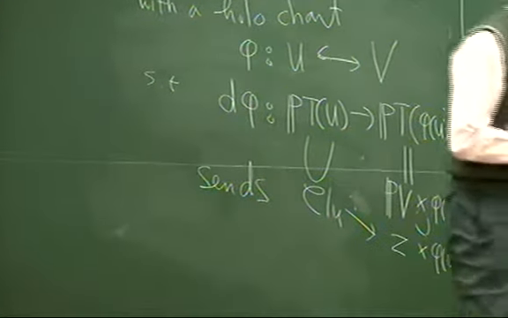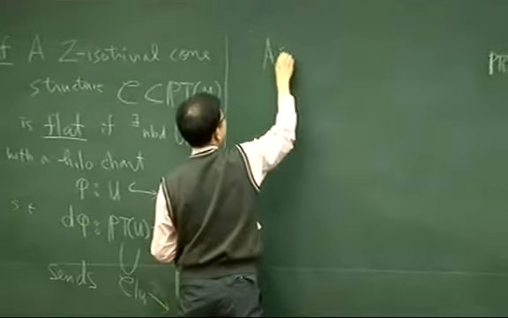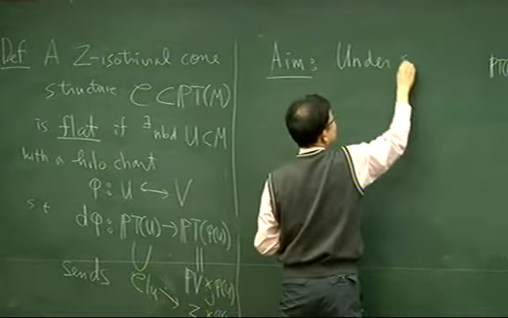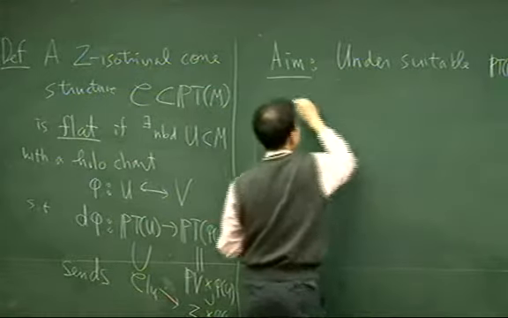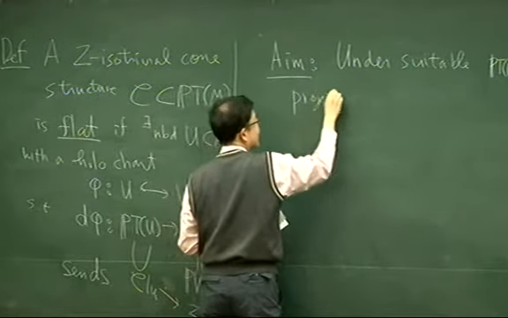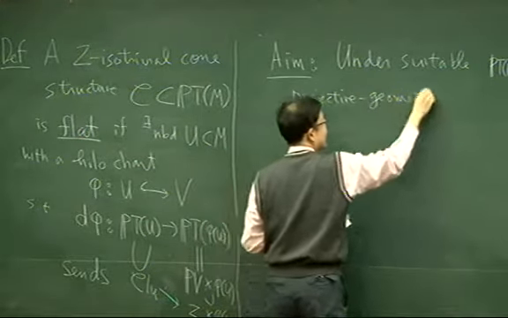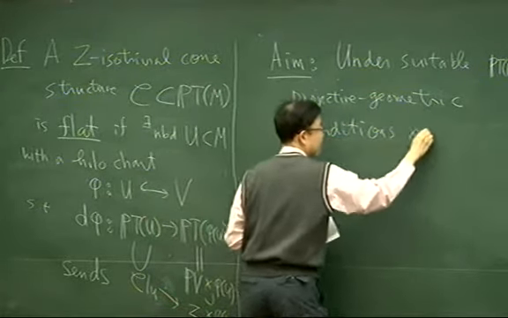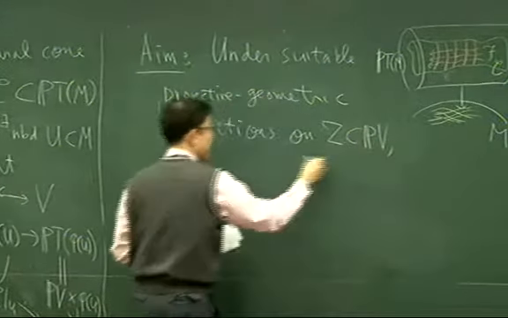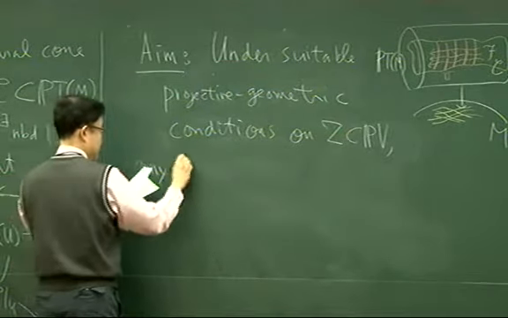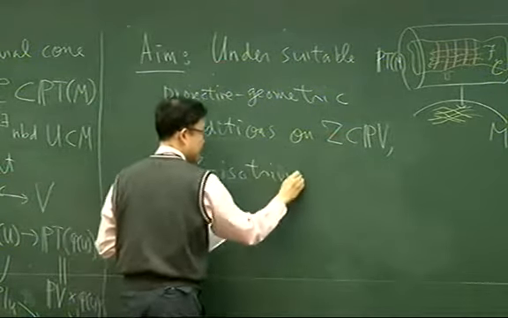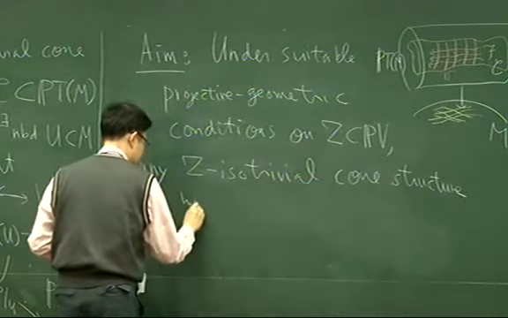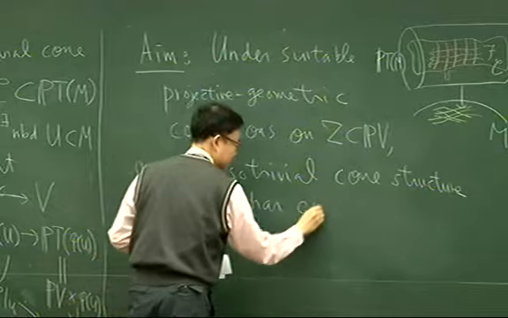Now our aim today is the following. The aim is to show that under suitable projective geometry conditions, any G isotrivial cone structure with a characteristic connection is flat.